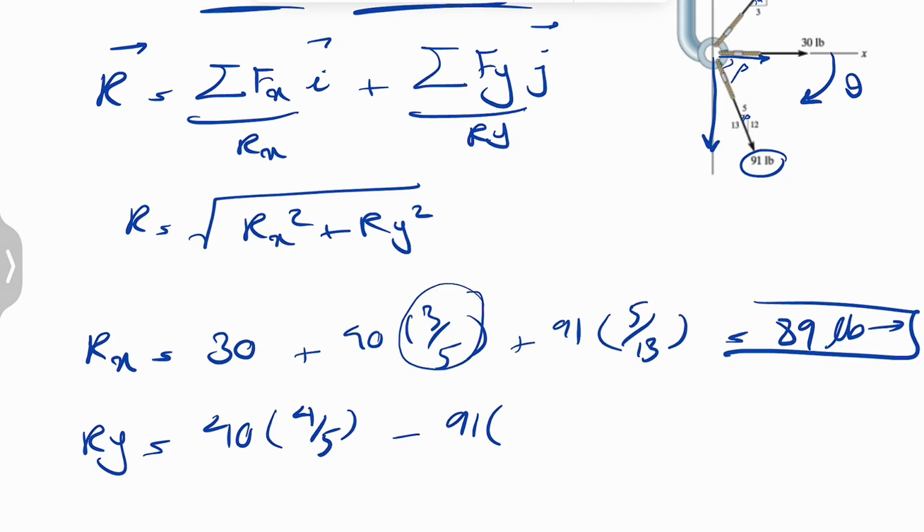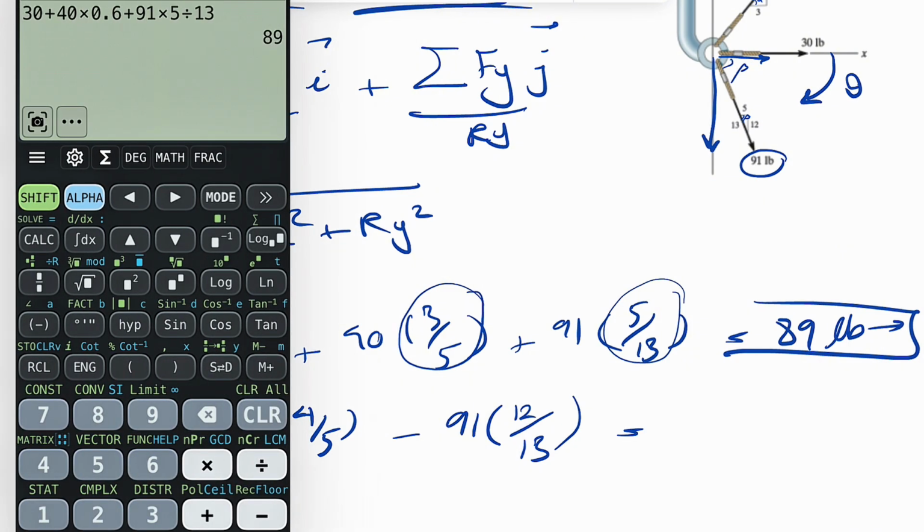This time we have sine of beta, which is 12 divided by 13. Again, we had 5 in the previous step. Let's see what we get for this one. So 40 times 0.8 minus 91 times 12 divided by 13. And that's going to give us negative 52 pounds, where the negative sign shows that the force is downward.